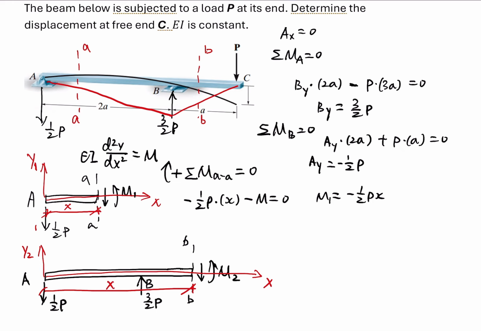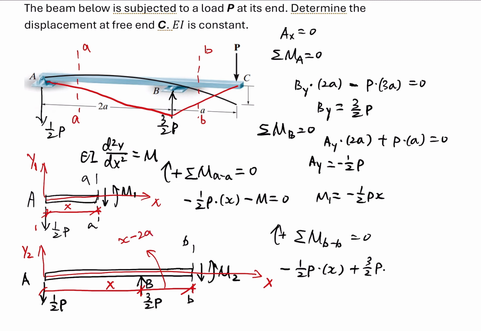Similarly, we write down the moment equation of equilibrium at section B to B equal to 0, with the positive direction clockwise. We have 1 over 2 P with lever arm x, which goes counterclockwise, so it's negative. For support B, it goes clockwise, so it's positive 3 over 2 P times the lever arm, which is x minus 2A.